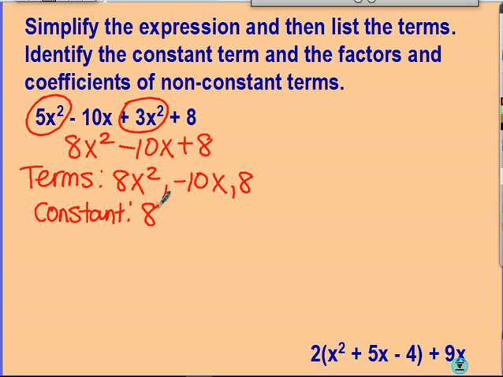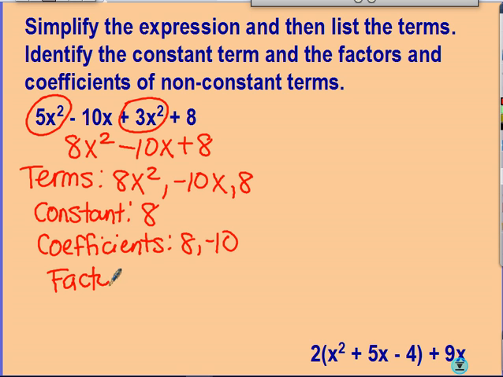The non-constant terms in this example are 8x squared and negative 10x. The coefficients for the non-constant terms include 8 and negative 10. The factors for 8x squared include 8 and x squared. And the factors for negative 10x include negative 10 and x.